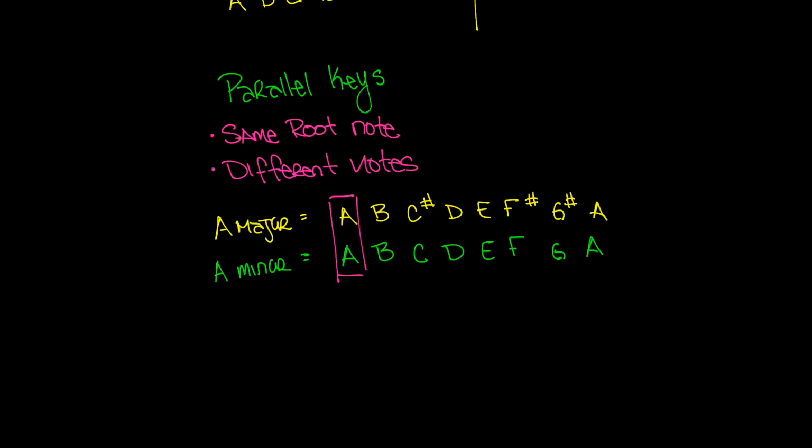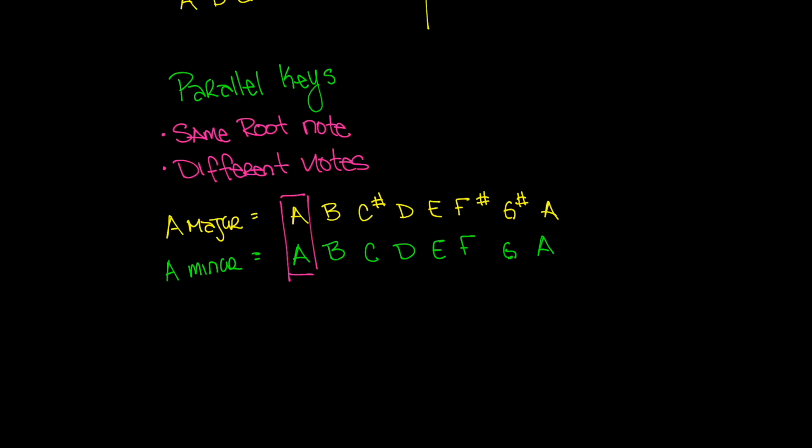Let's think about the key of A major. Its relative minor would be F sharp minor. And what is the parent major to A minor? That would be C major, the C major scale.